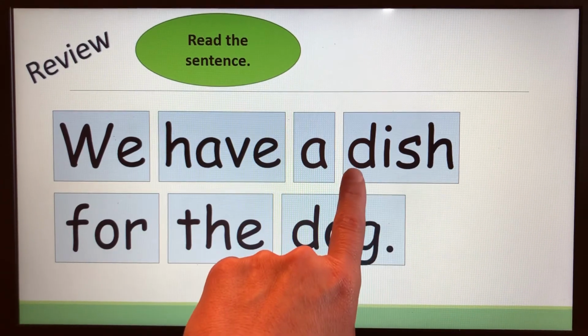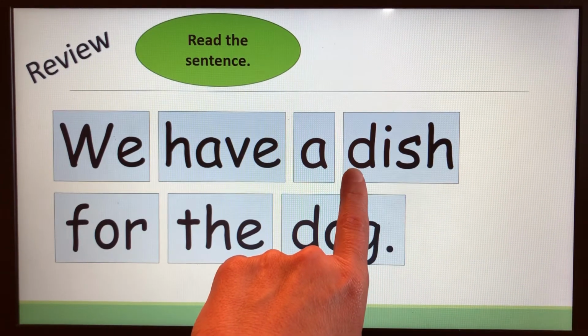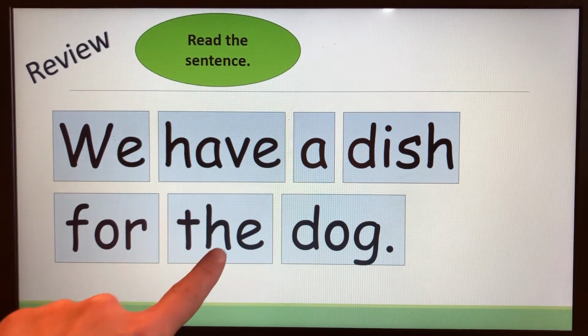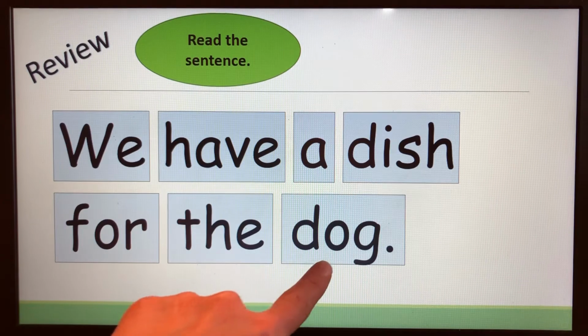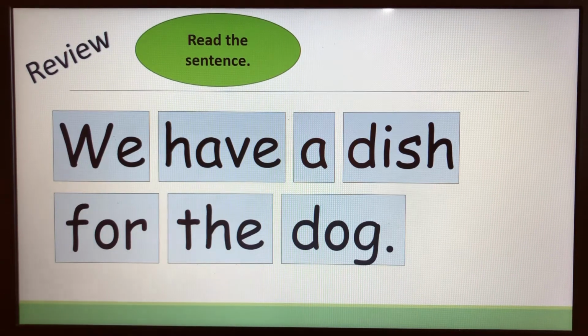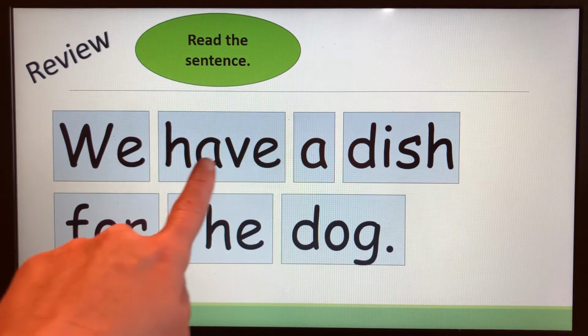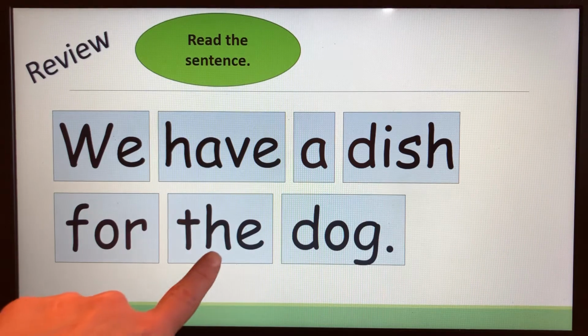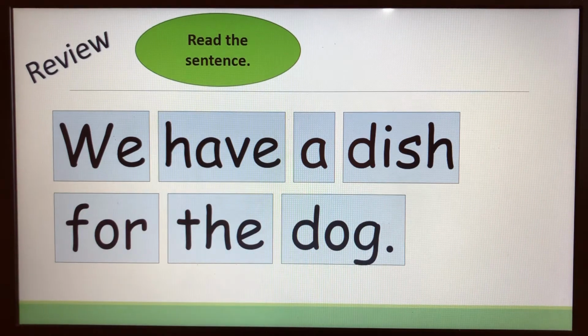Sh. What's the word? Dish. For the dog. Let's read this sentence again. We have a dish for the dog.